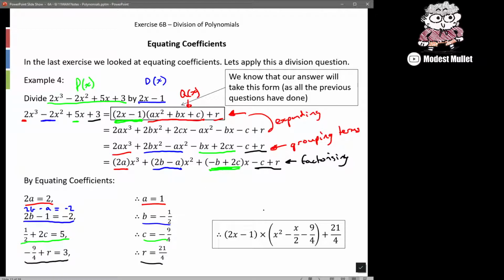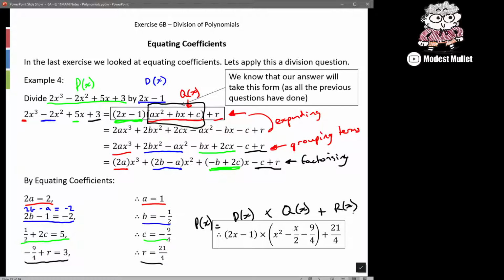So we can write our final answer, or our original polynomial, is equal to what we tried to divide by, times the quotient. We've substituted a, b, and c back into our original quotient. Way back up there, we've substituted what we figured out, a, b, and c, into there, and then write our remainder on the end.